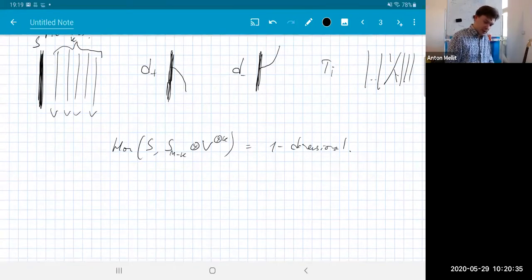Why? Because any hom looks like this. So we have a thick line, and we have some thin lines coming out of it.